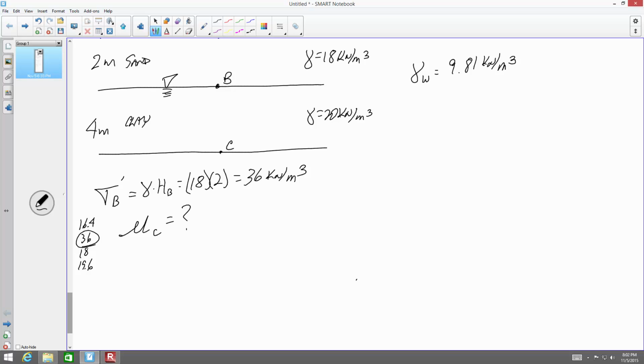I give you 39.2, 58.8, 19.6, or 20. How are you getting that? 9.81 times the 4, 39.2.